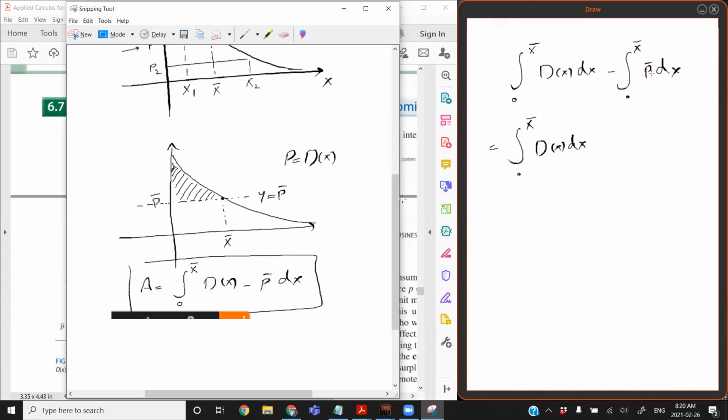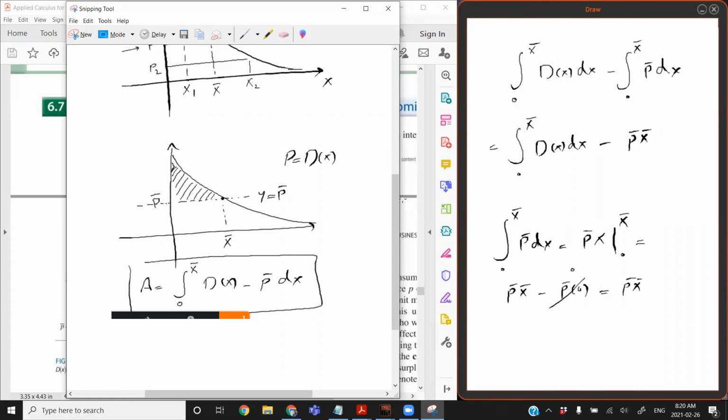The antiderivative of p bar, since it's a constant, is a certain number, like for example 10. The antiderivative of 10 is going to be 10x, right? So if I try to calculate this, I get p bar x from 0 to x bar. So it's going to be p bar x bar minus p bar times 0. This is going to be 0. So it's going to be p bar x bar. So this here is going to be minus p bar x bar.